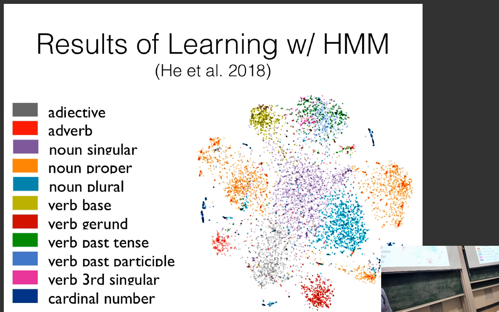And you can see that basically it neatly partitions the space, not perfectly, but pretty well, into things that actually correspond to part of speech tags. And we have results, I don't think I put them on the slides, where you also compare that with what you get when you're doing it for a different task like dependency parsing. And the space looks very different, and you can tell it's kind of tailoring the embedding space to be good at these unsupervised tasks.